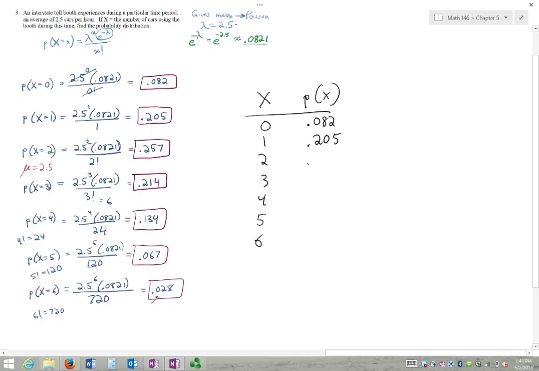Don't worry, we're not going to find the mean and standard deviation of this. Although if we found the mean of this distribution by the x times p of x, it would come out to 2.5. Maybe a little less because we're not including all the values of x here.